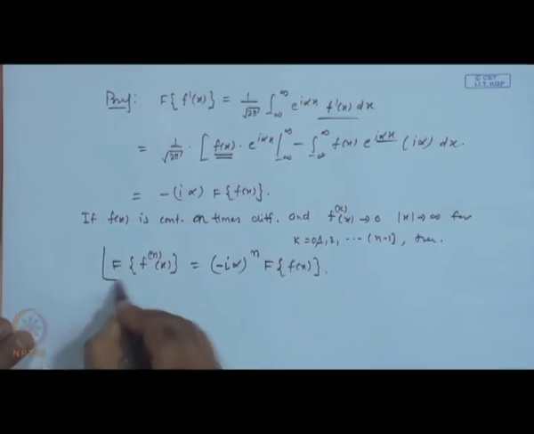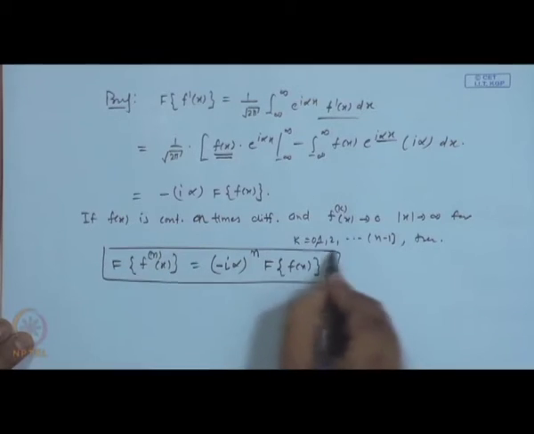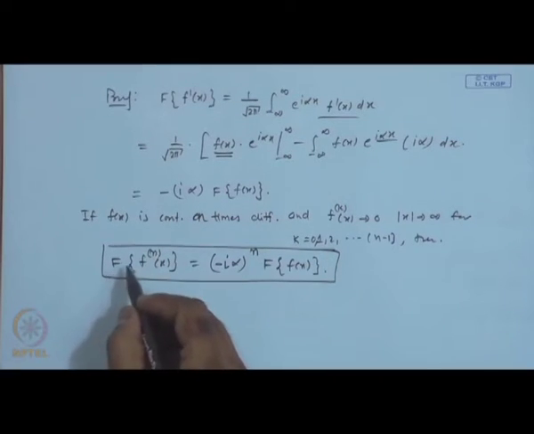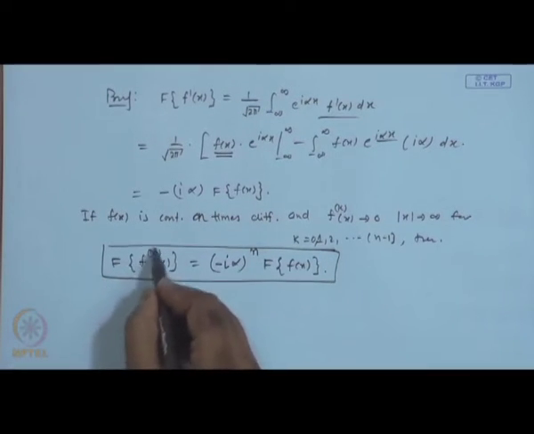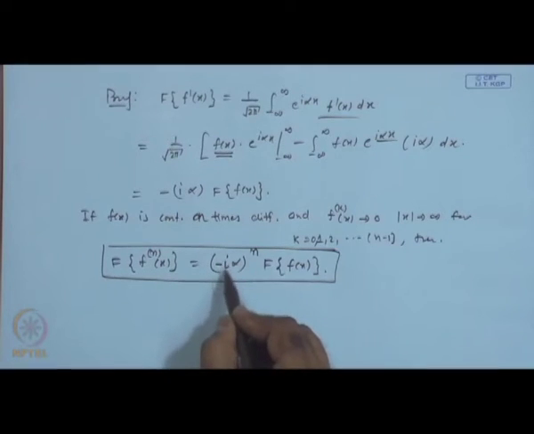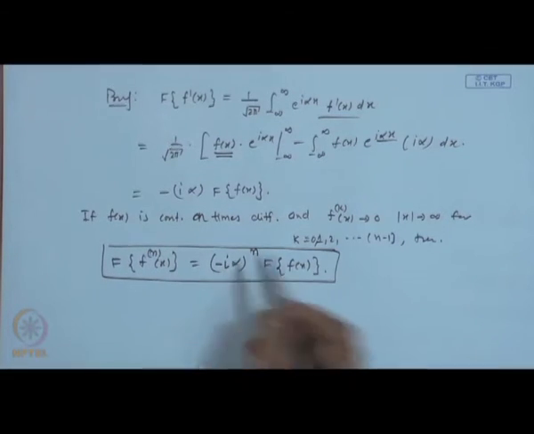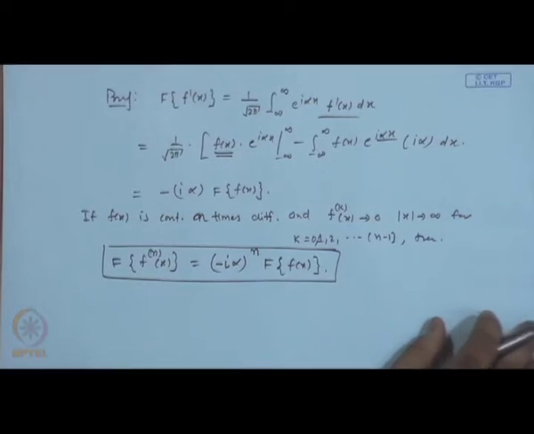This is the general result. Normally, we will be using the second derivative while solving PDEs. So, the Fourier transform of the double derivative will be (minus i alpha)^2, so minus alpha squared, times the Fourier transform of f(x).